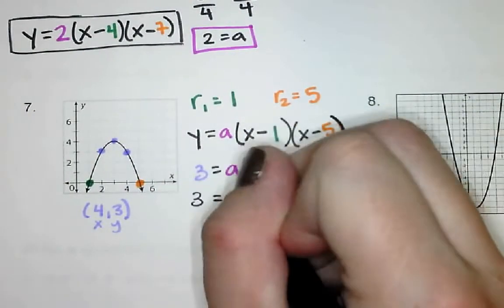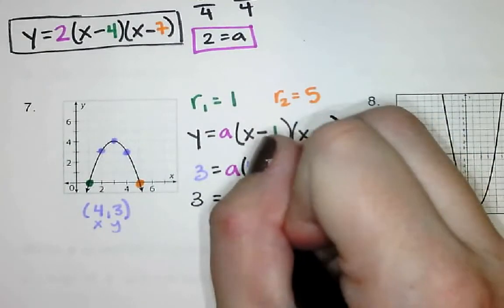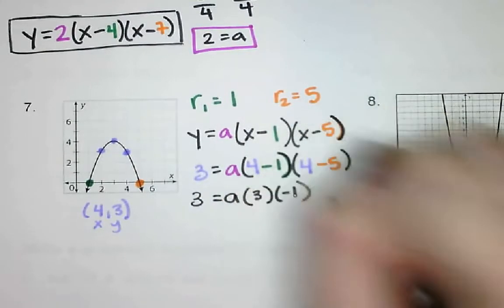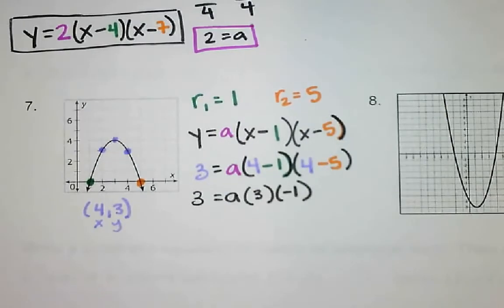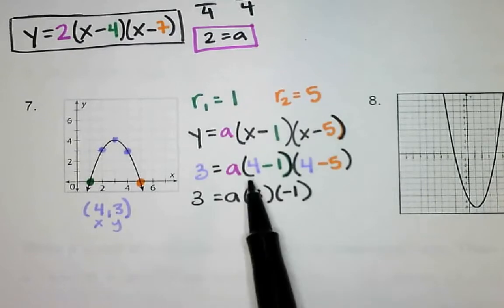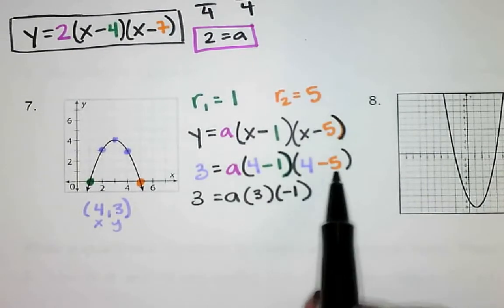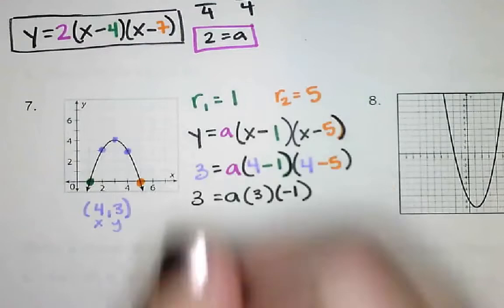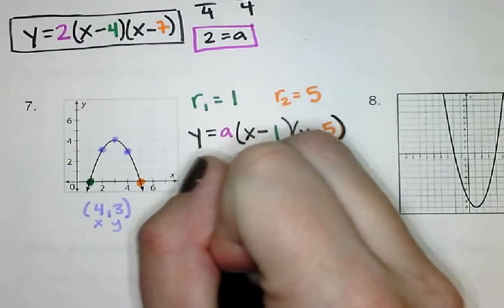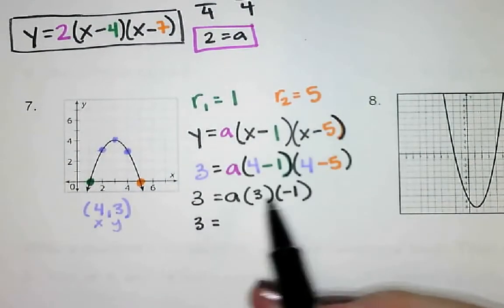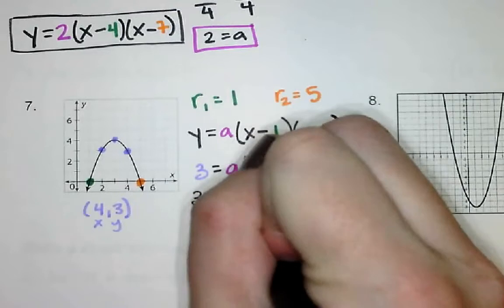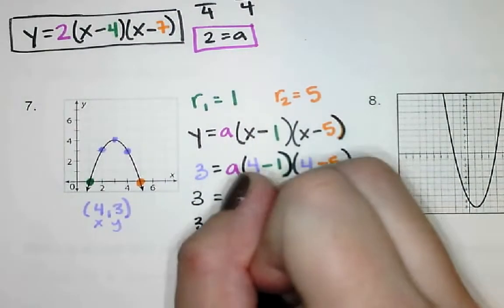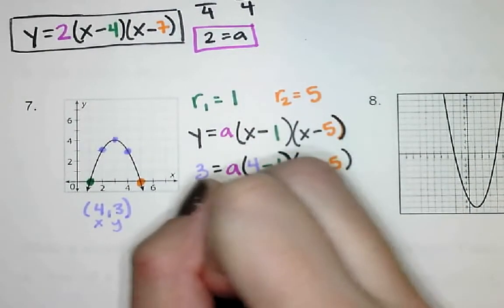Do y'all feel good about that? So 4 minus 1 is 3. 4 minus 5 is negative 1. So that becomes 3 equals A times 3 times negative 1. That gives me negative 3A. Divide both sides by negative 3. And my A is equal to negative 1.